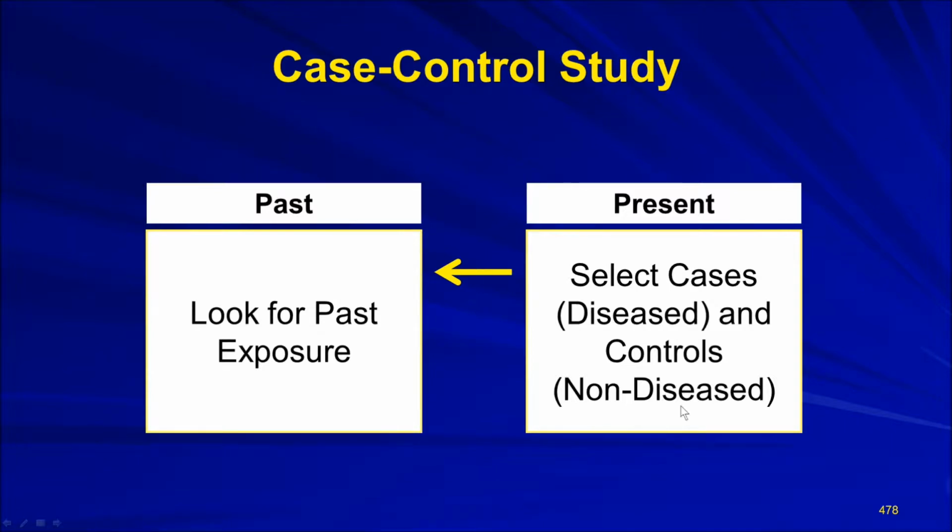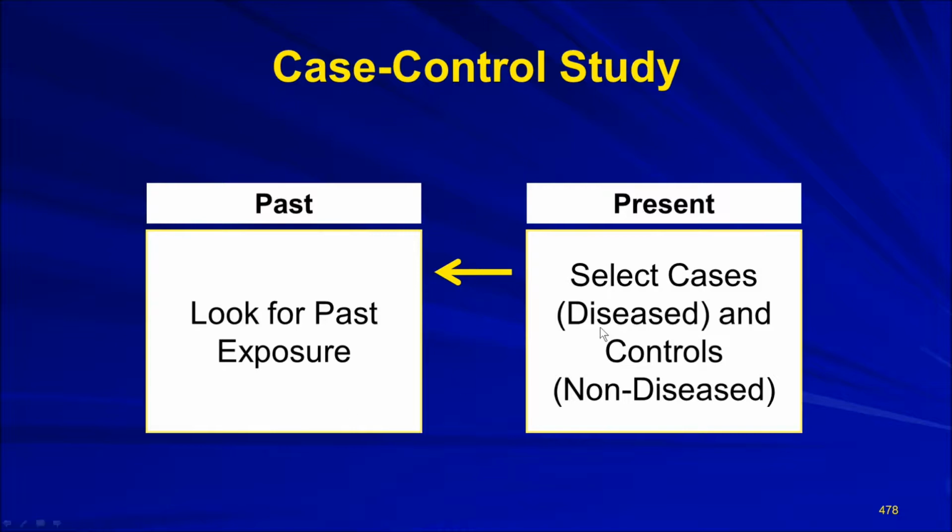Okay, so we get this information and we compare it here. It doesn't make any difference. And let's say hypothetically that those who smoke 3 packs a day have 6 times the diseases that those people who were non-diseased have had. Okay? That's a case control study.